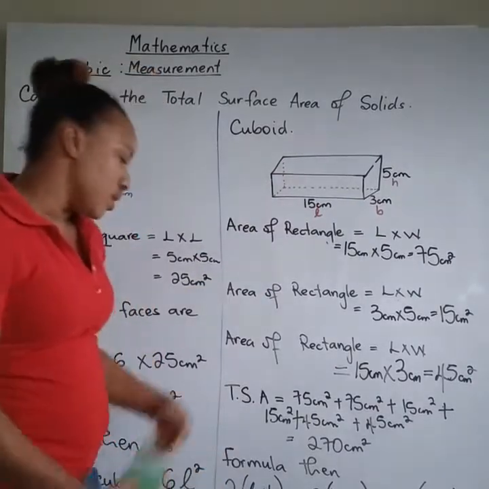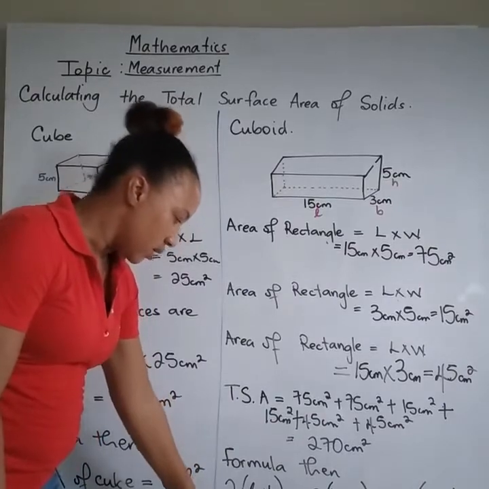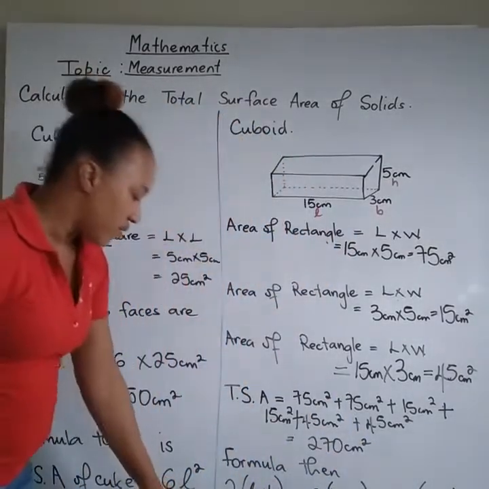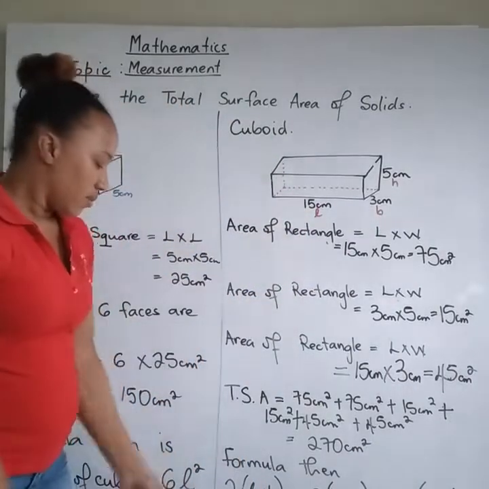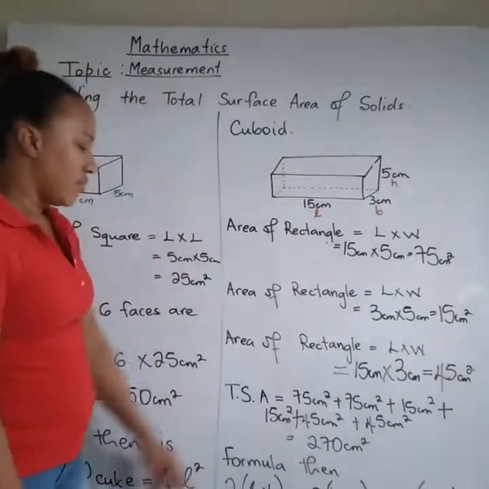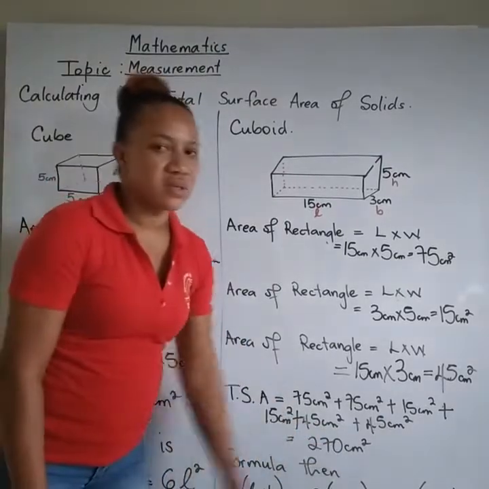And if you want to go simpler, you can factorize the 2, take that out, and place all these in one bracket. So I could multiply these two, add it to this, and then multiply the overall sum by 2, and that would give me my total surface area, 270 square centimeters.